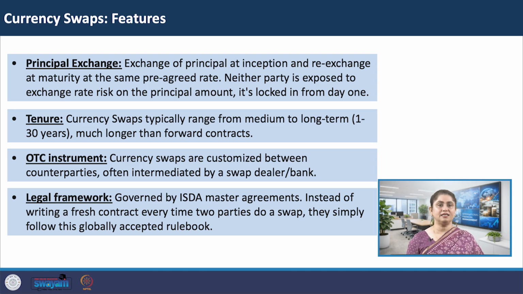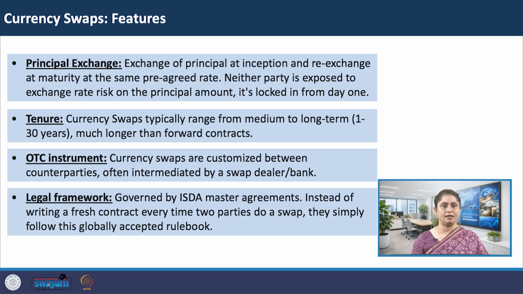Tenure. This is what makes currency swaps unique among foreign exchange instruments. Since these are OTC instruments, they are customized directly between counterparties, usually via a swap dealer or a bank. The terms can be customized, like the size, the tenure, the interest rate.